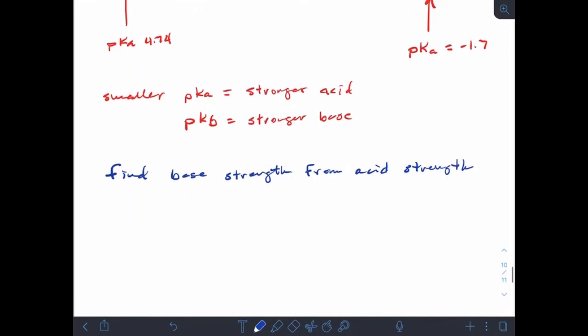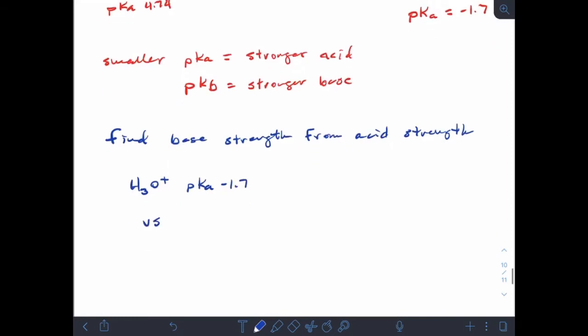We're comparing H3O plus, which has a pKa of negative 1.7, versus acetic acid, which is a weak acid, with a pKa of 4.74. Right, so we're going to take a look at those acids, and then we're going to figure out what the bases are and compare the strengths of those.